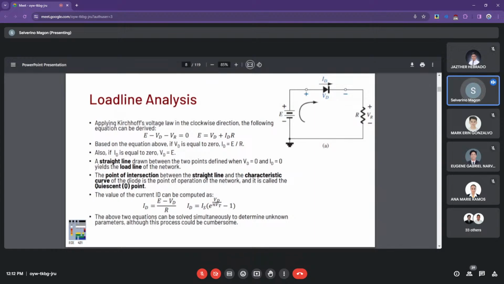To perform this, we have to apply KVL, Kirchhoff's voltage law. In this circuit, as an example, we have the voltage supply minus the voltage drop of the diode, and then the load voltage will be equivalent to VR here. So rearranging the equations, we have the following.